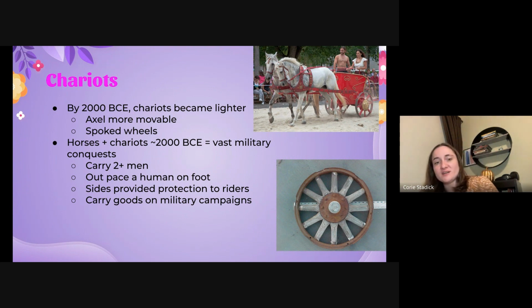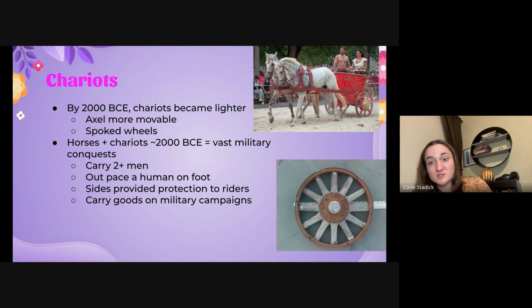So horses and chariots were put together in about 2000 BCE. And they're like, hey, horses are super fast, not like oxen. So let's use these for war. So a lot of the time, horses and chariots equaled a vast military conquest. Chariots during war could carry two men, if not more. Of course, they could outpace humans on foot.